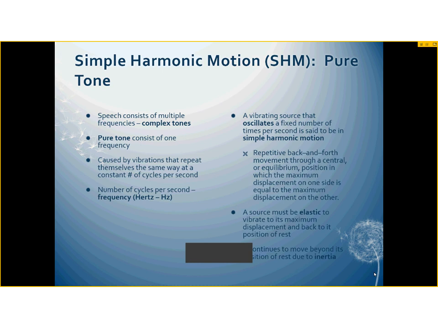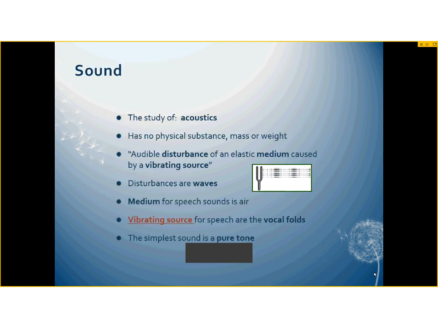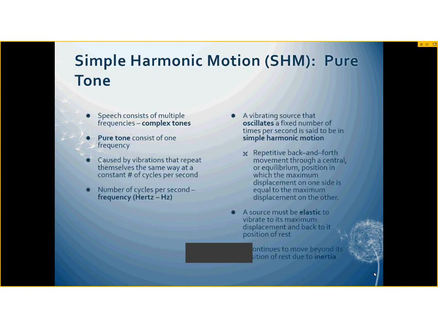When a vibratory source moves back and forth a fixed number of repetitive times, that's called simple harmonic motion. So the tuning fork moving backward and forward with a certain repetitiveness is simple harmonic motion.